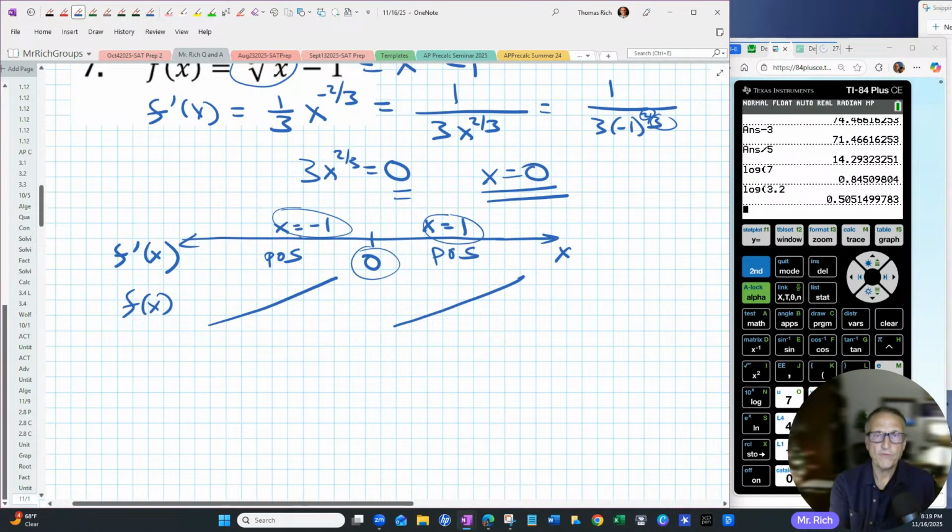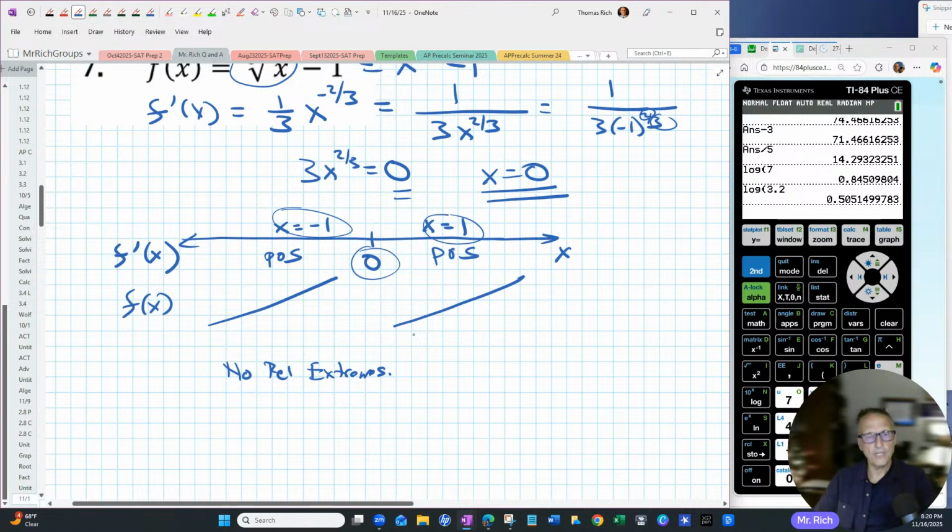It would have to change from increasing to decreasing, in which case it'd be a relative max, or decreasing to increasing, in which case it would become a relative minimum value. So it has neither. So there are no relative extremes for f of x.